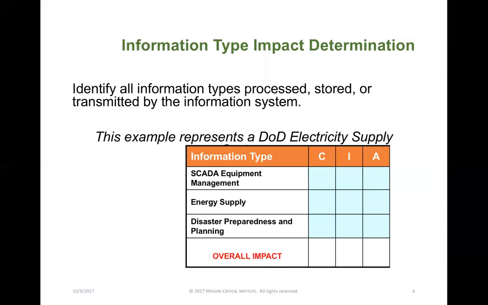In this case, we're using a SCADA system. If you don't know what SCADA is, it's like the power grid and water grid and stuff like that. That's the type of system we're looking at, just as an example.